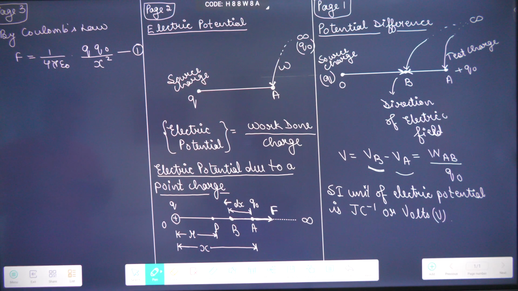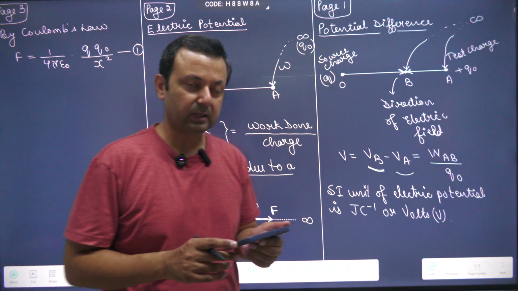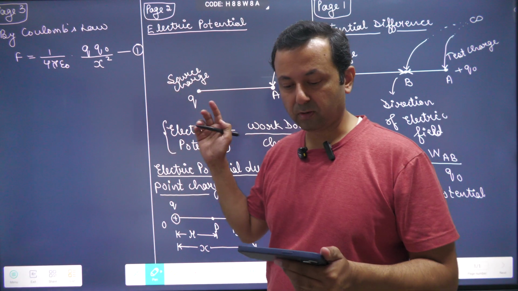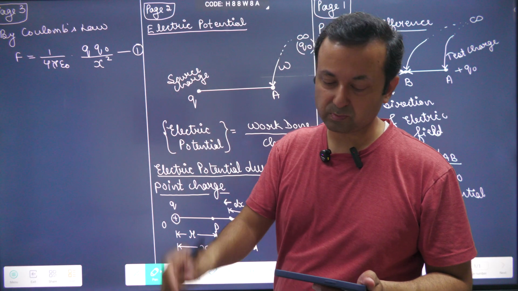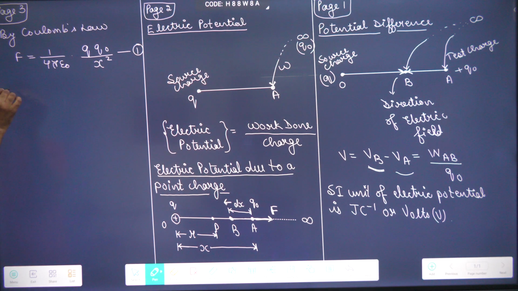Now in your notes, after equation number 1, I am reading out: the small amount of work done in moving the test charge Q naught from A to B through small displacement dx vector, the small amount of work done is dW equal to F vector dot dx vector.